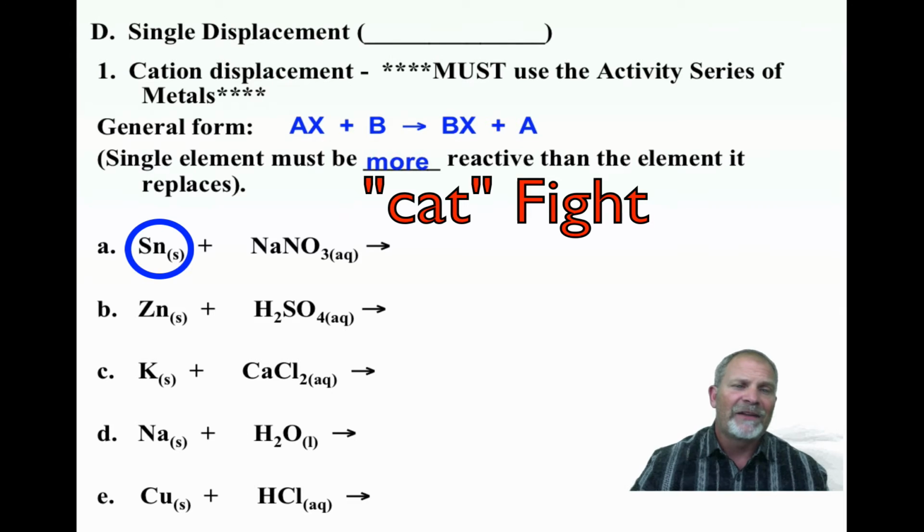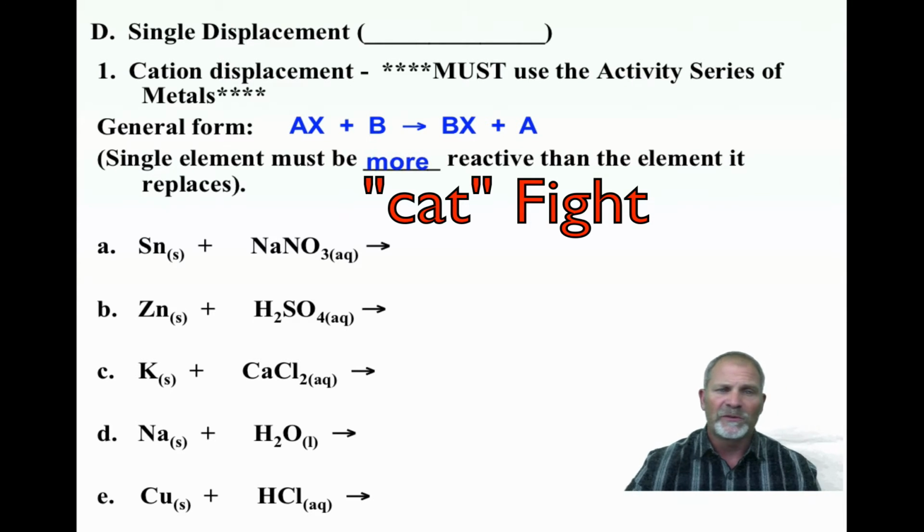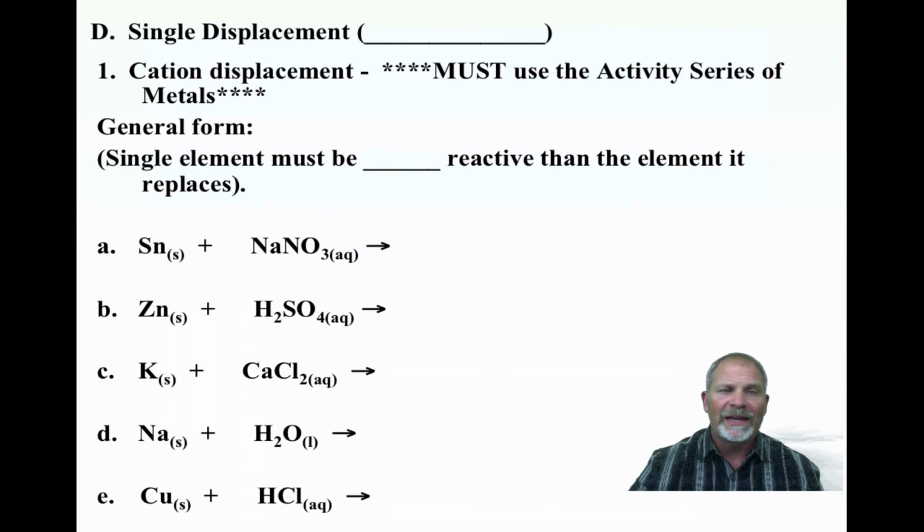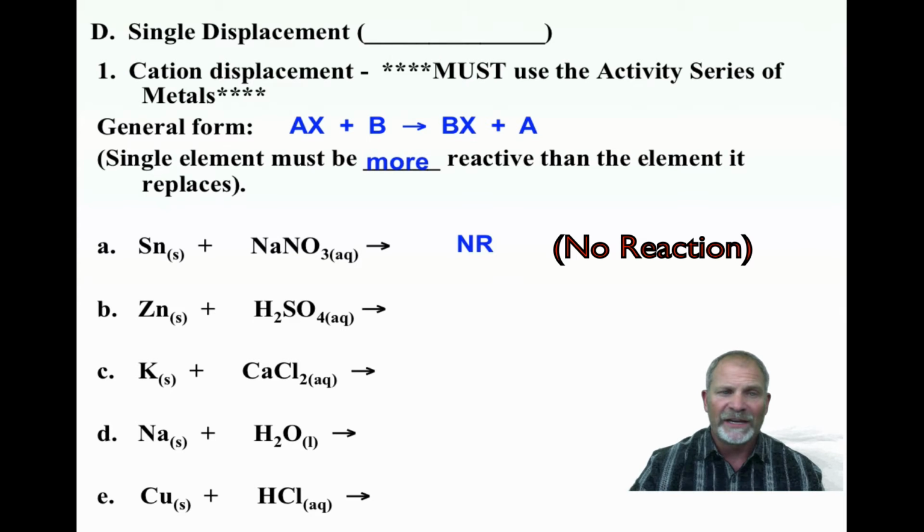So my first one, I have Sn and I have sodium. Those are my cations. So I go back to the actual list and I find Sn and I find sodium. Sodium is above Sn. Therefore, Sn is too weak and it cannot kick sodium off. Therefore, we're going to say no reaction.